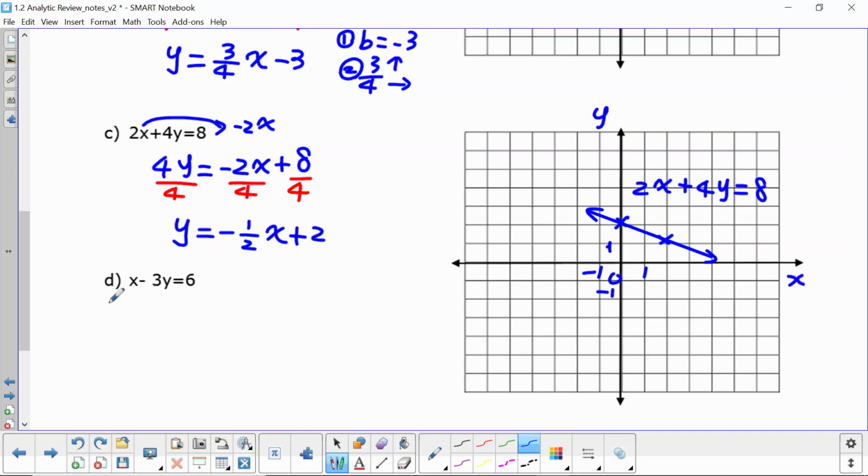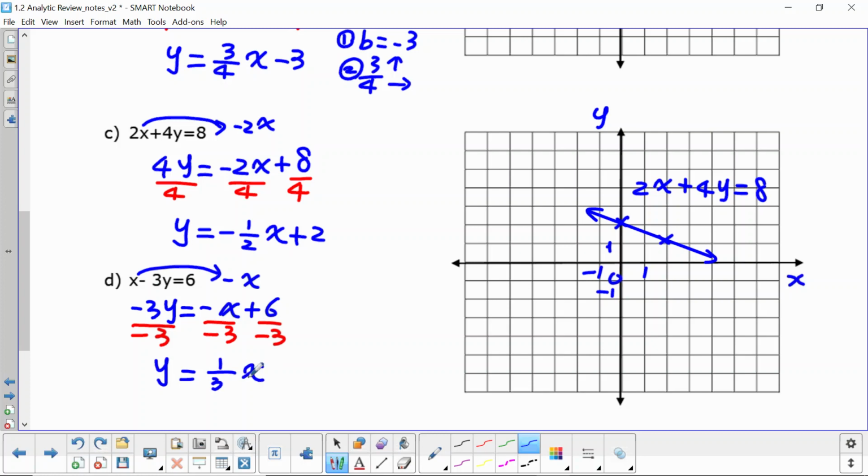Then we do the next one. Move the x to the other side. You have negative 3y equals negative x plus 6. Then we move the negative 3 to the other side by doing the opposite operation, division. Then you have y equals 1 over 3 x minus 2. Then when we do the graphing, we find the negative 2 first. Then up 1, right 3.